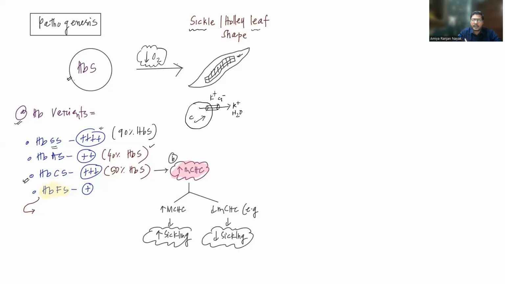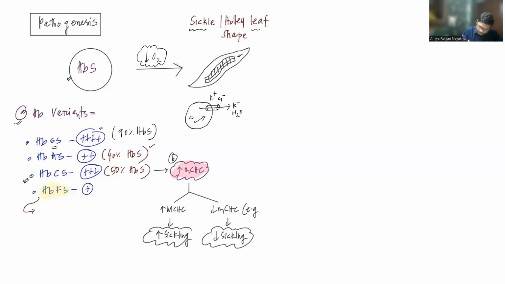Because of intracellular dehydration, there will be increased concentration of hemoglobin S. Okay, so because there is increased concentration of hemoglobin S, again they will try to stick to each other and make the polymer formation. So hemoglobin CS is a condition which also has an increased chance of causing sickling. However, this increased risk is less compared to the homozygous sickling condition.